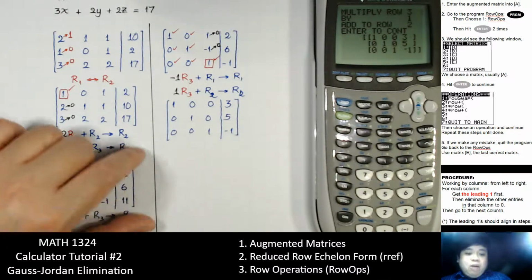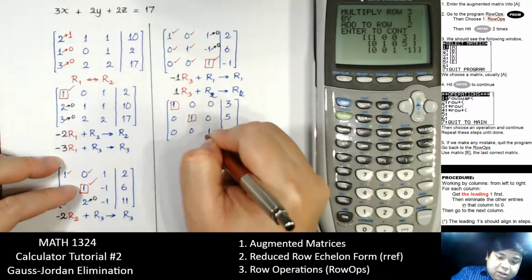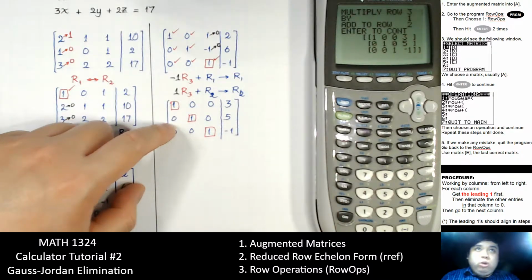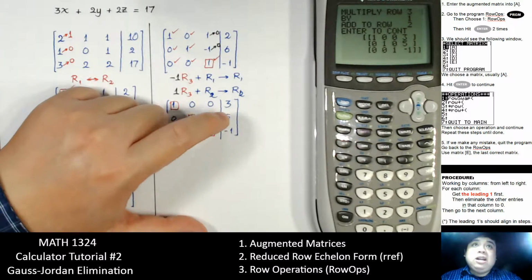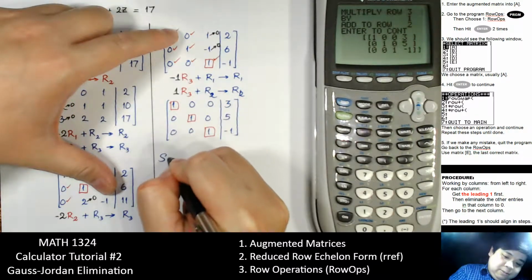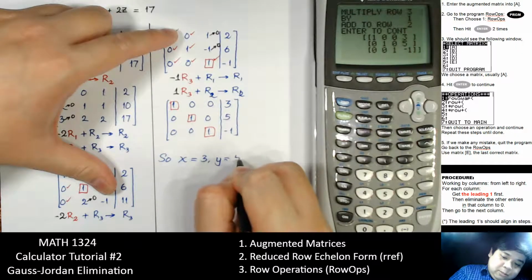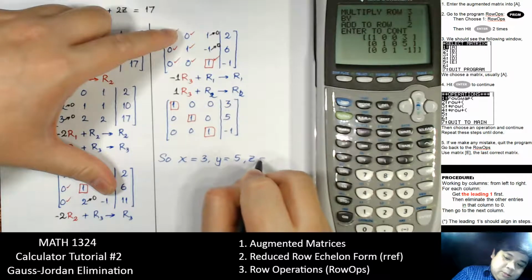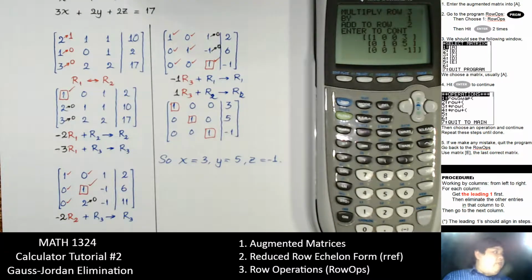This is done now because we have 1s on the steps, stepping down to the right, and in the reduced row echelon form, we have X, Y, and Z. So that's what we have.